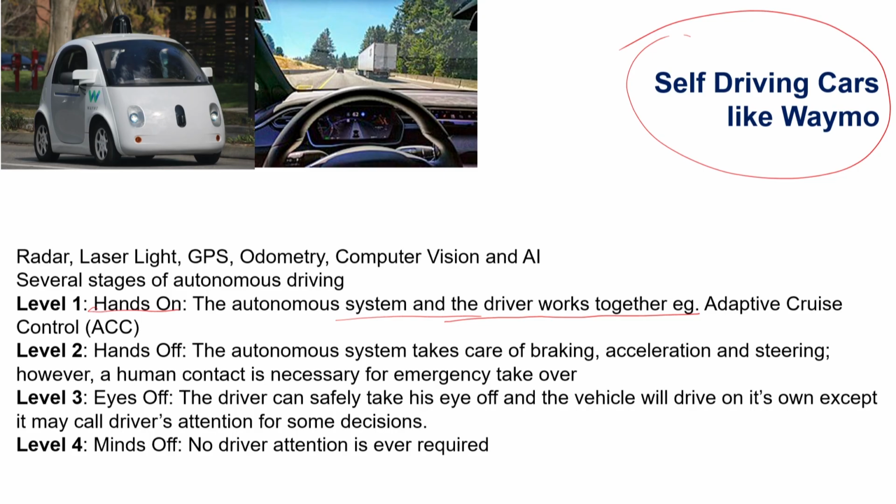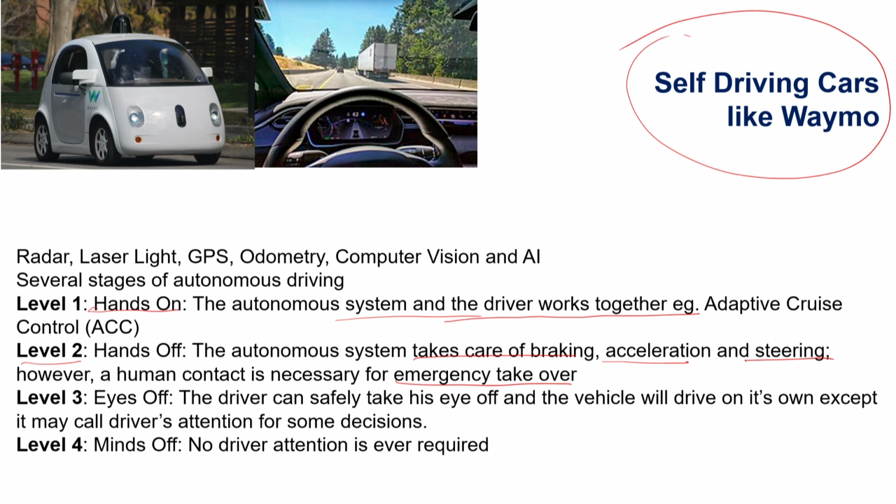And then the hands off, that means level 2 of autonomy, where the autonomous system takes care of braking, acceleration and steering. You do not have to put your hand at all. Human contact is only necessary for emergency takeover. That is the way aircraft already run, the autopilot. So, a similar thing in the ground vehicle has also come up with level 2 autonomy.